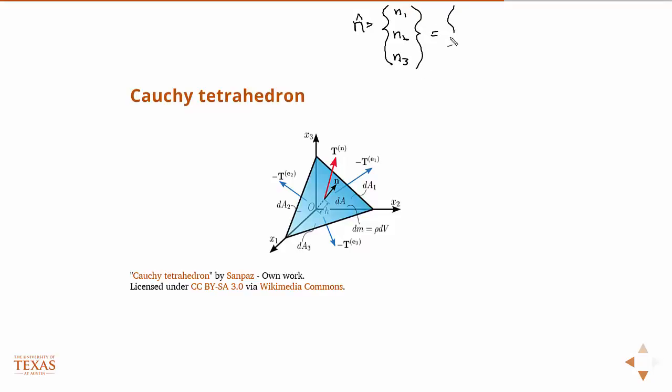What those components are is the cosine of n with the x1 axis, the cosine of n with the x2 axis, and the cosine of n with the x3 axis.